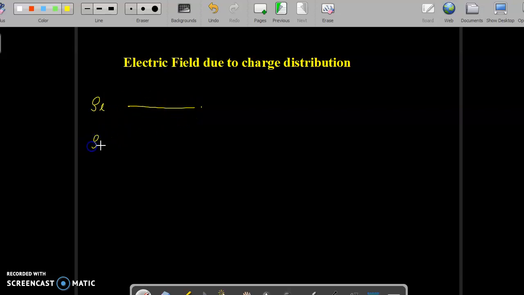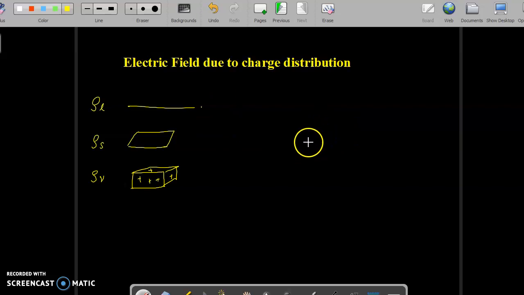Then we discussed surface charge density. So charges are distributed over a surface. Then we discussed volume charge density. So this is the volume, where charges are uniformly distributed. If you consider any of these, all three different charge distributions will produce some field intensity at any point around its space.